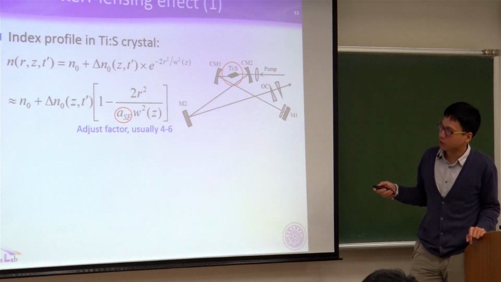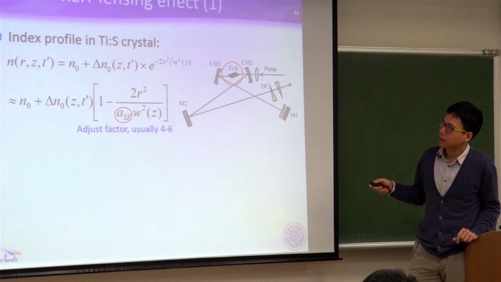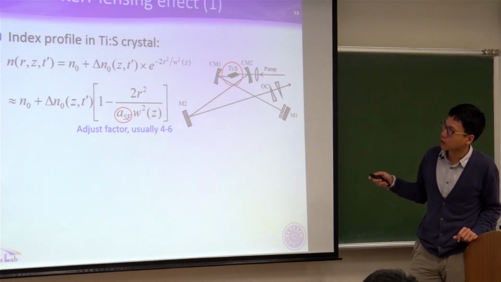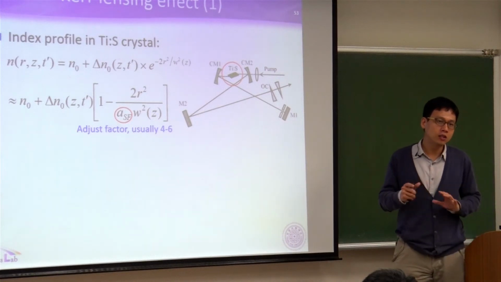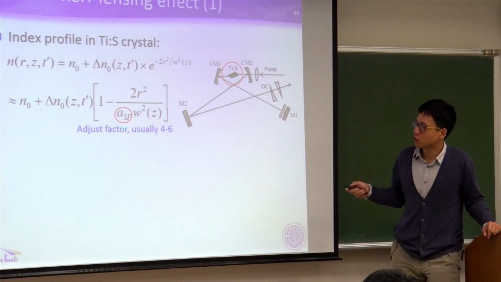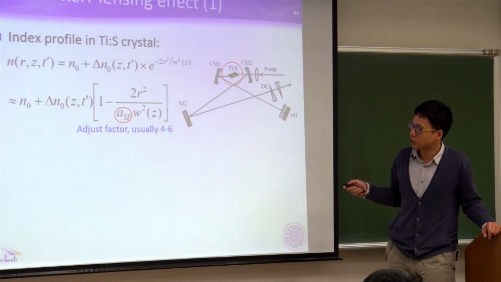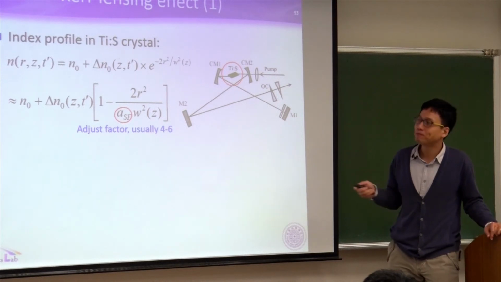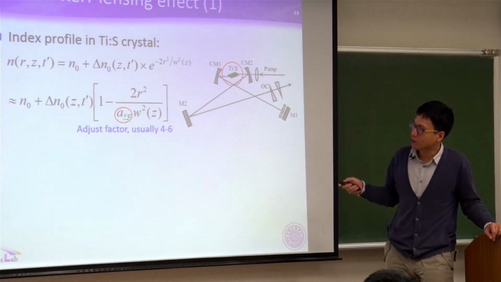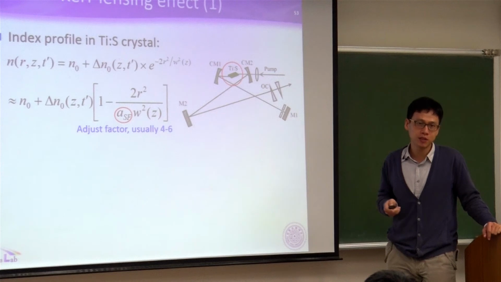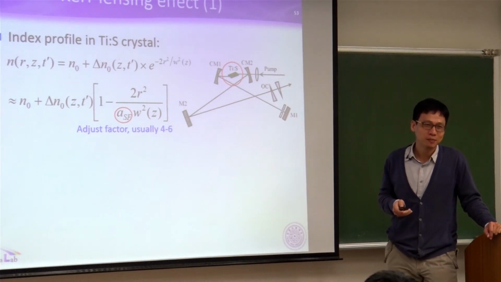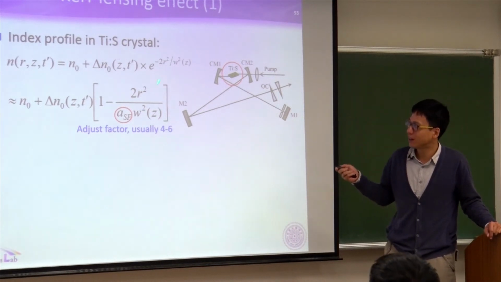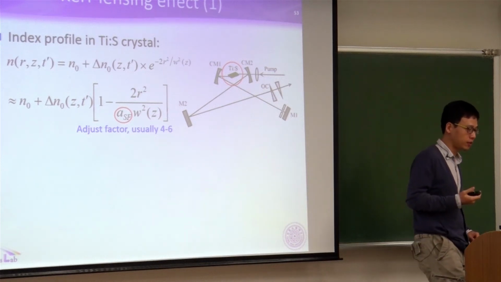But people found that if you use 1, the result obtained by this approximation differs a lot compared with the original model. So they introduce an adjustment factor, usually between 4 and 6, like 5. If you use an adjustment factor of 4 to 6, the result is closer to the result obtained by the original model. But there is no rigorous proof, just numerical simulation. 这样会好一点，but just a number. Okay?